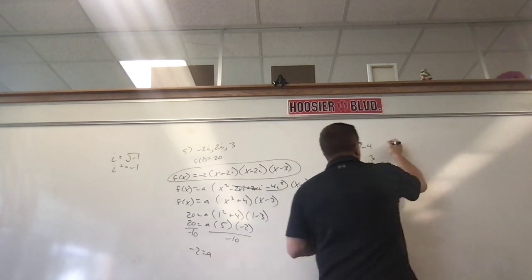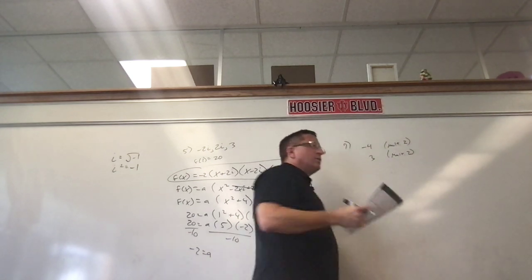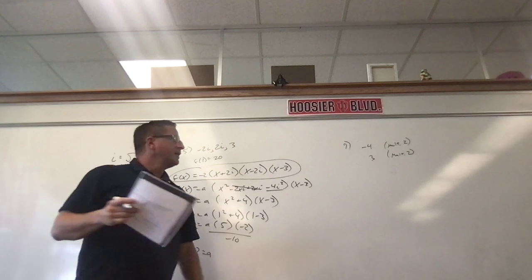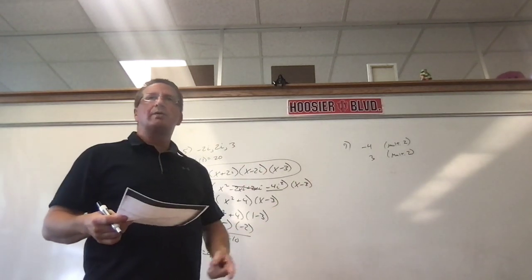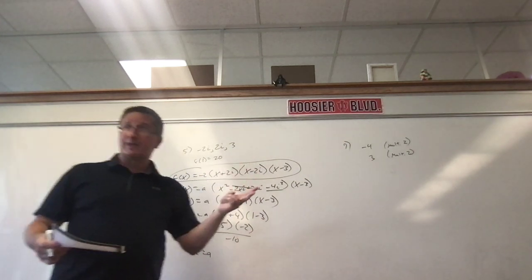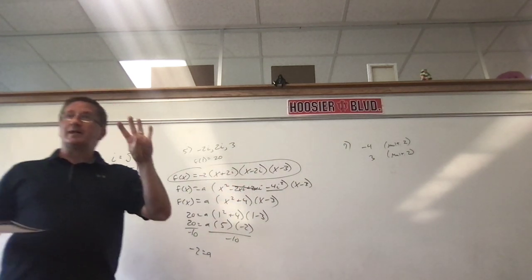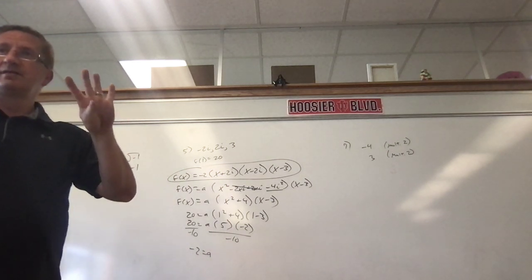Okay, let's put that down. Multiplicity 2. Which makes sense because it's 4th degree. So that means your zeros, I'm going to say it kind of redundantly here, are negative 4, multiplicity 2, which means negative 4 and negative 4, and 3, 3. 4th degree. How many places does it touch the x-axis? Only 2.